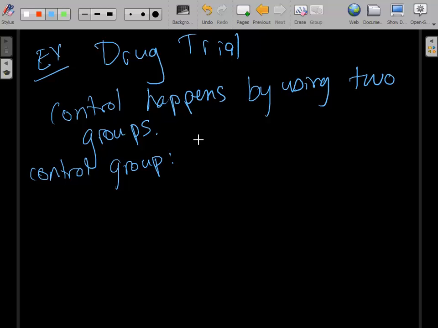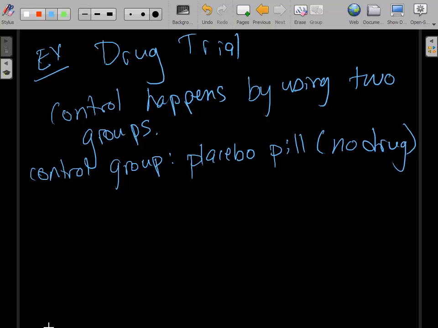They don't receive the drug, and in order for them to think that they are, we give them what's called a placebo. So there's no drug here. We go about treating them the same way we would for the experimental group, sometimes known as the treatment group.